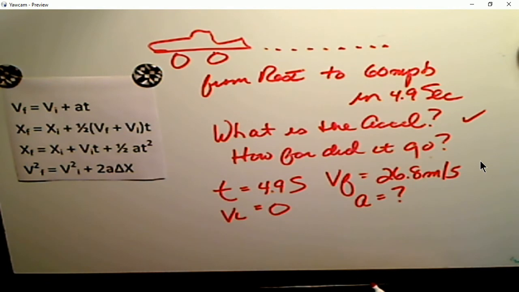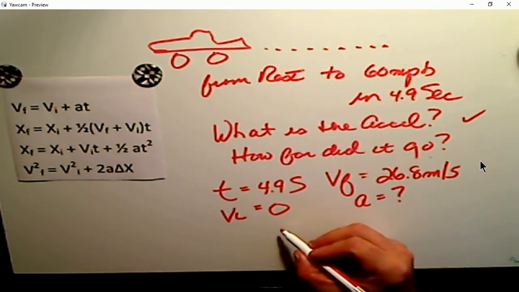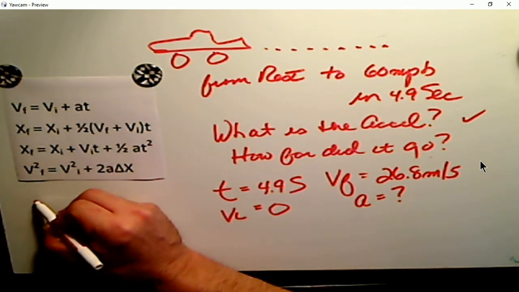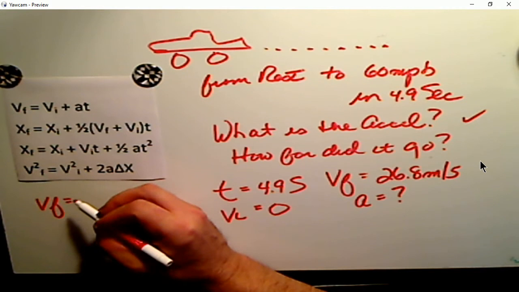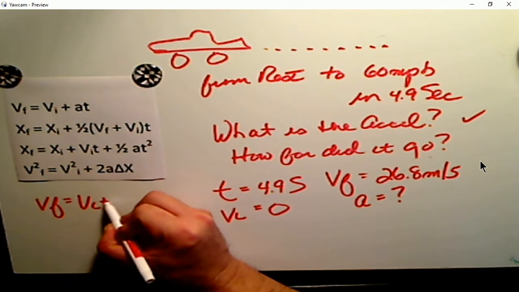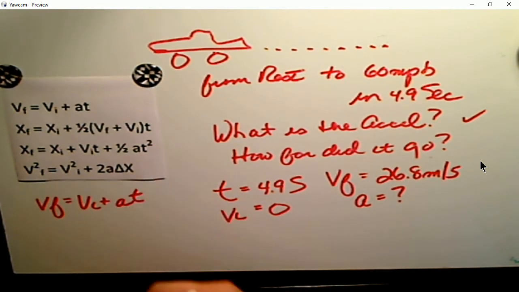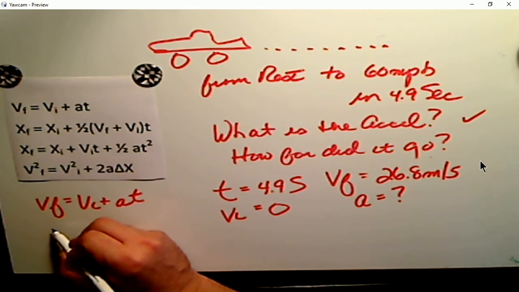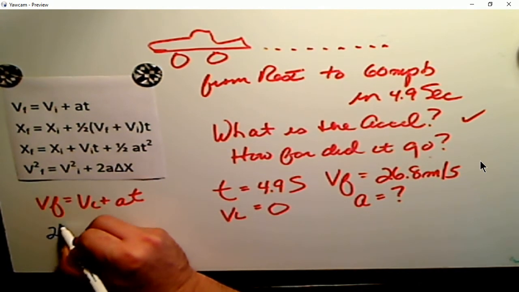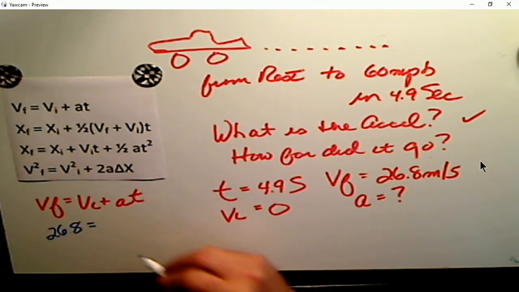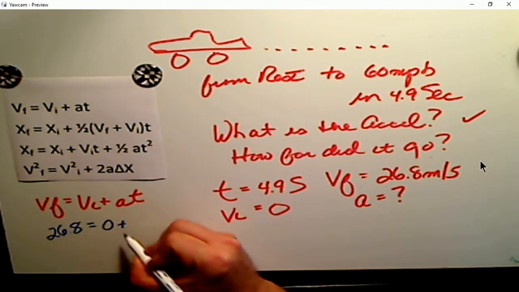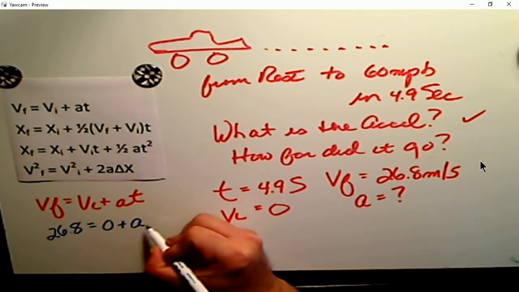It looks like I can use final velocity equals initial velocity plus a times t. Looking at that equation, final velocity 26.8 is equal to initial velocity 0 plus acceleration, that's our variable that we're looking for, times 4.9 seconds.